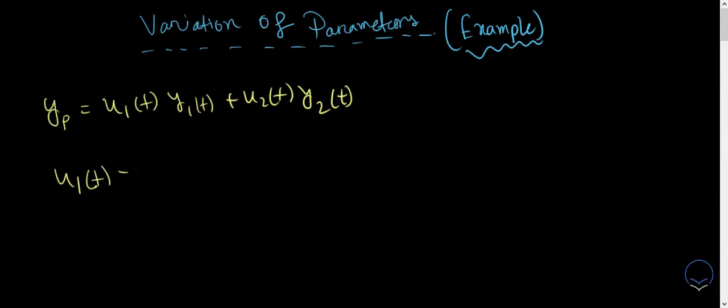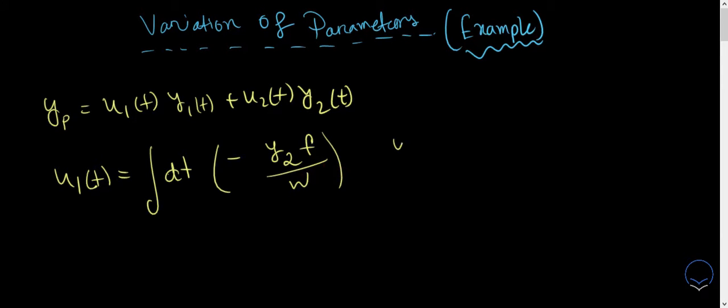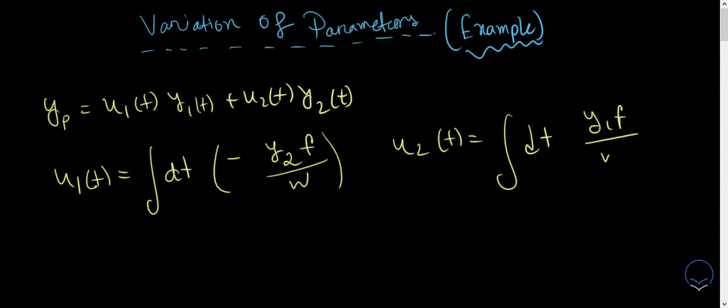That is, u1 of t was determined by an integration with a minus sign, involving y2, f and the Wronskian, and u2 of t was determined by an integration of y1 f over the Wronskian. The Wronskian is the determinant of y1, y2, y1 prime, y2 prime. All of these y1 and y2 come from solving the homogeneous part.